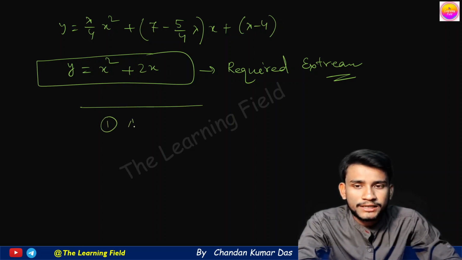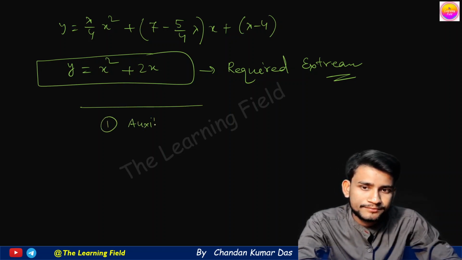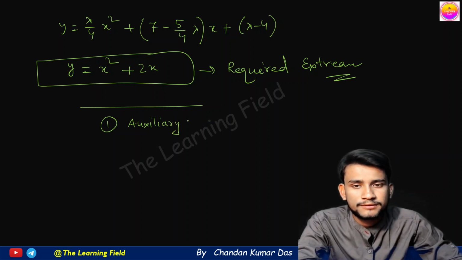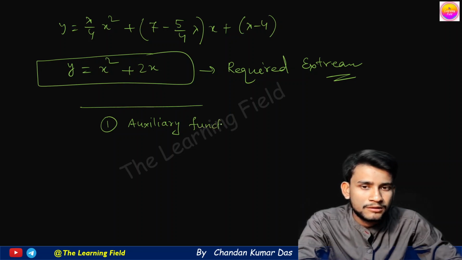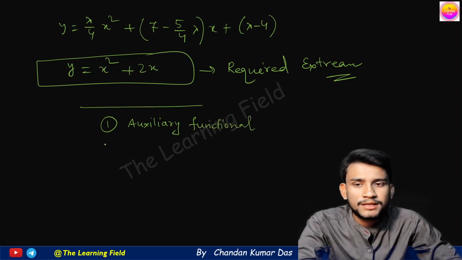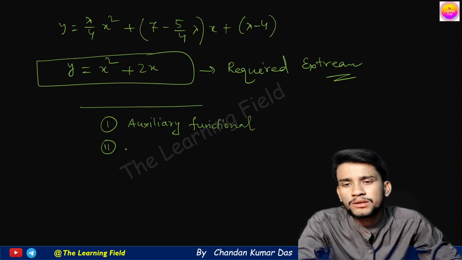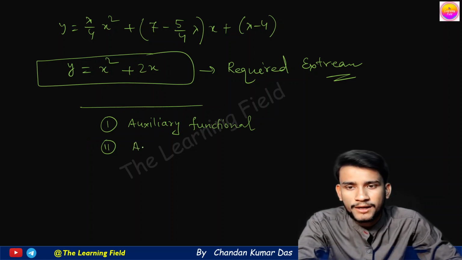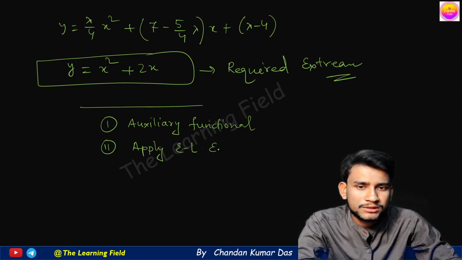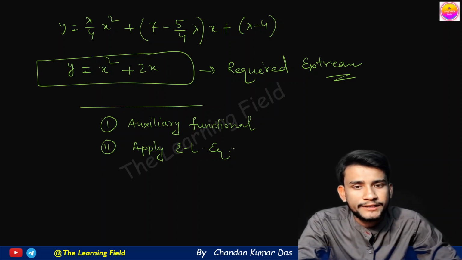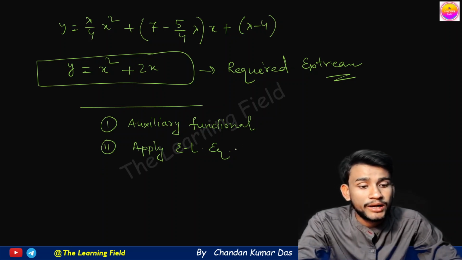First we write the auxiliary functional, then step 2 is apply the Euler-Lagrange equation, and then get the value of y in terms of C1, C2 and lambda.